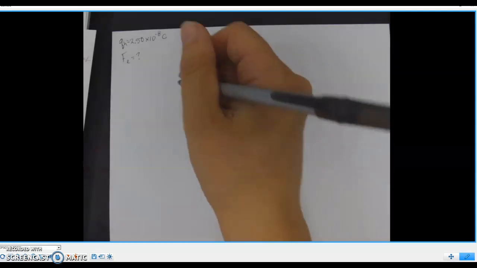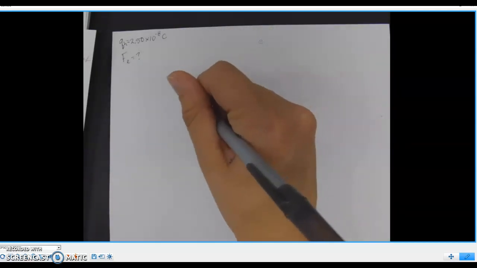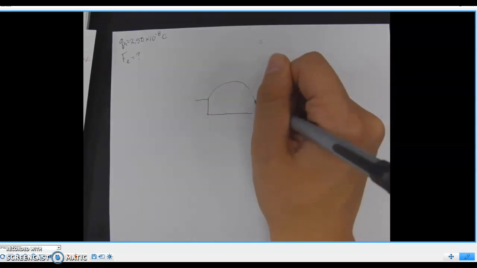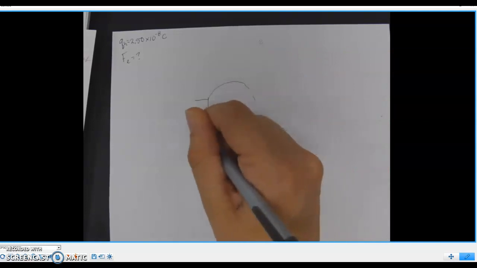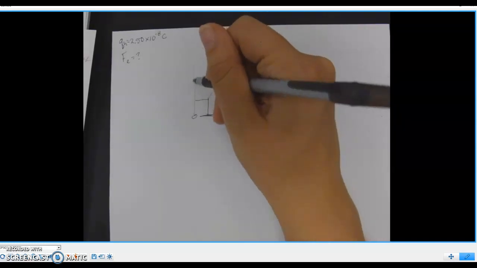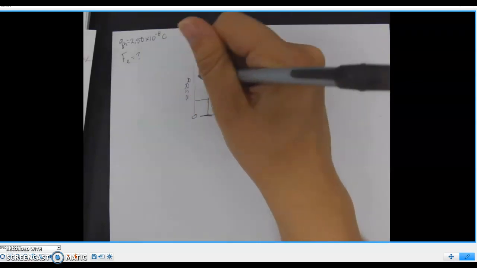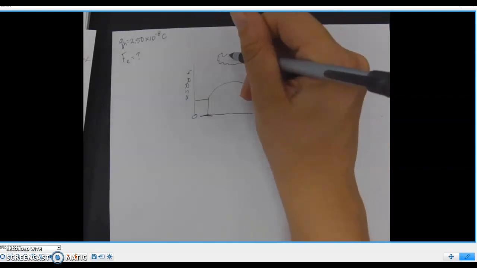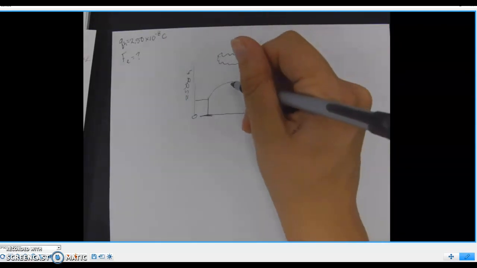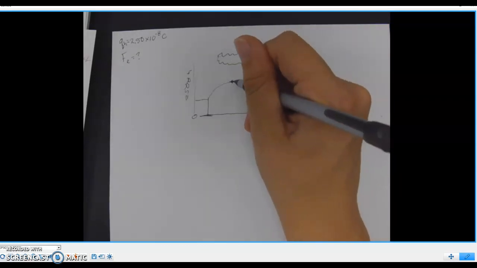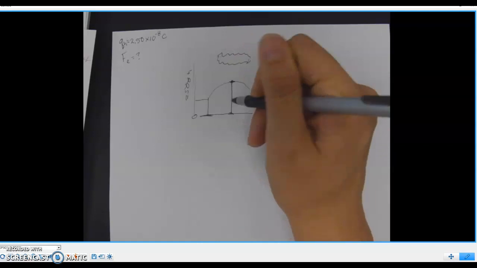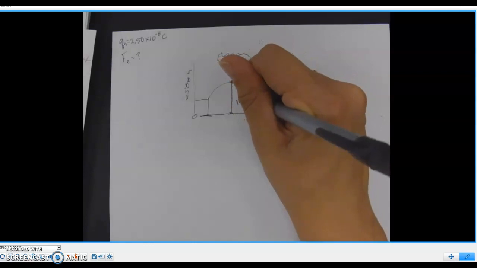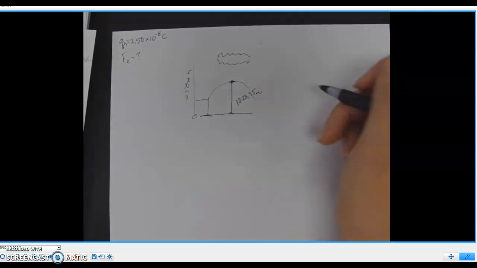Let me draw you a picture of this really quick. We have this cliff. We have the hammer that flew. Here's the base of the cliff, I'll call it 0. And 2,500 meters above that base, there's a cloud. Okay? Now we know at the top of the arc that the hammer traveled 1,023.95 meters.